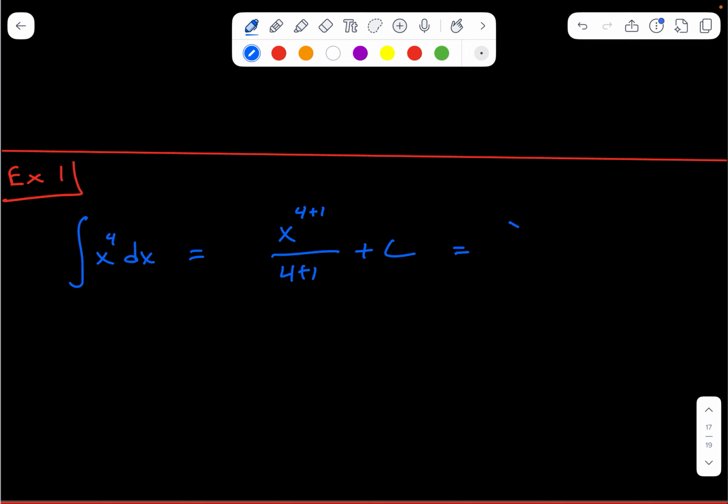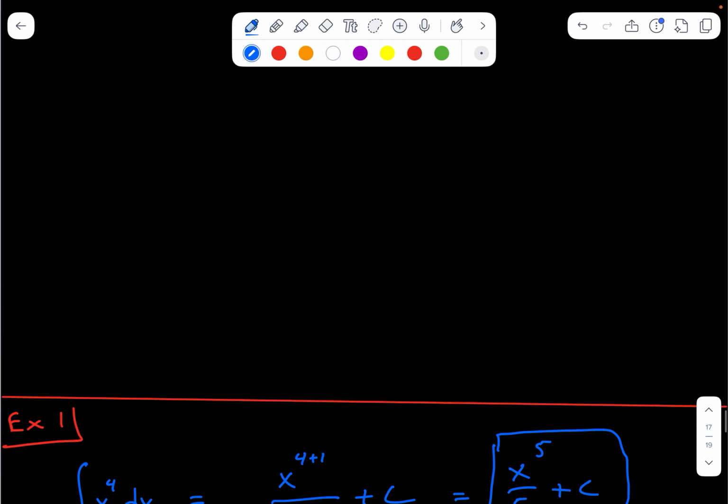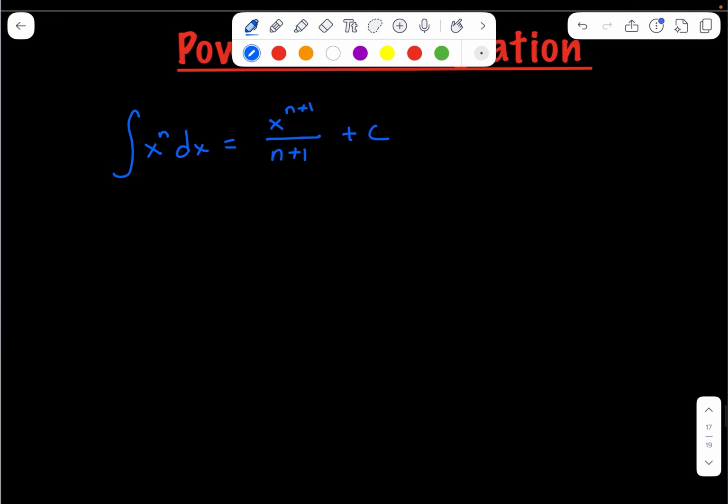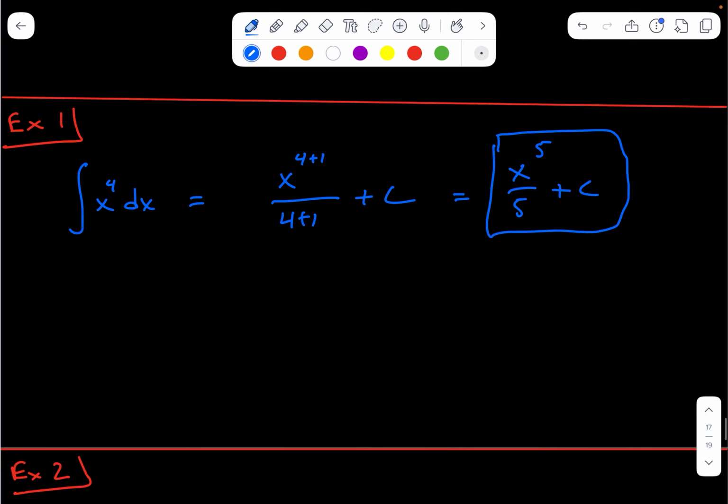What that actually ends up being is x to the 5th over 5 plus c. And there you go. Hopefully that makes sense. Again, pair the exponent to your n and just do n plus 1 over n plus 1, and then add the plus c.